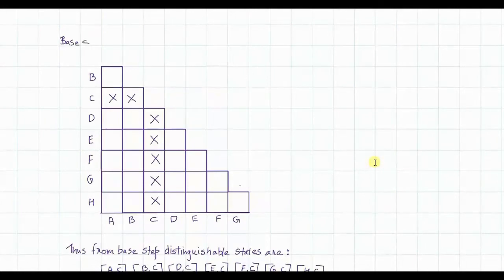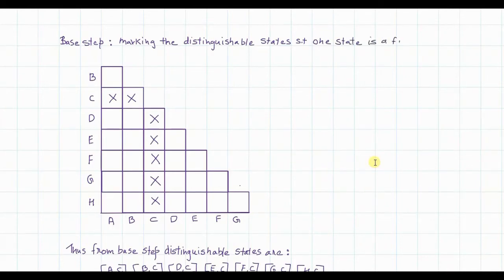This is the base step, and what we have done in the base step is marking the distinguishable states such that one state is a final state and the other is non-final. So we have done this.